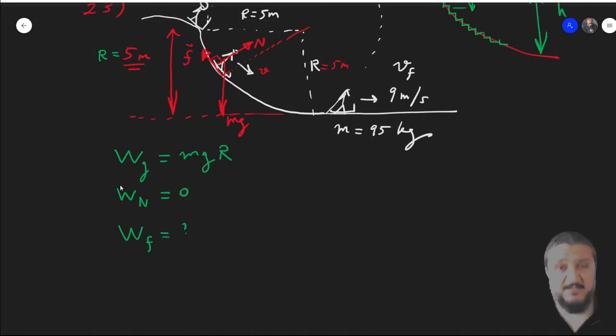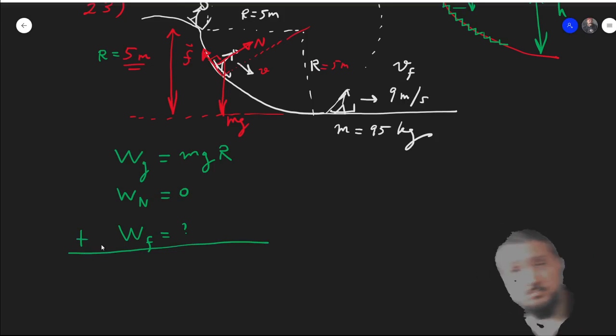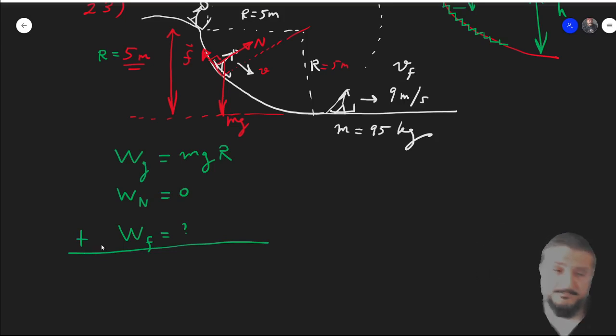How do we find it? We know that if we add these up, on the left-hand side, we will have the total work. On the right-hand side, the total work will be mgR.